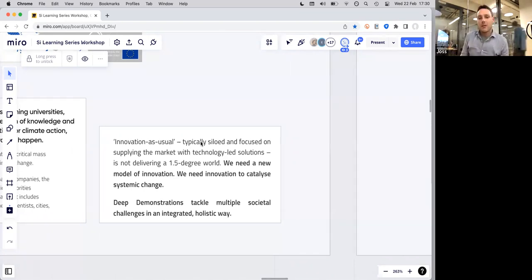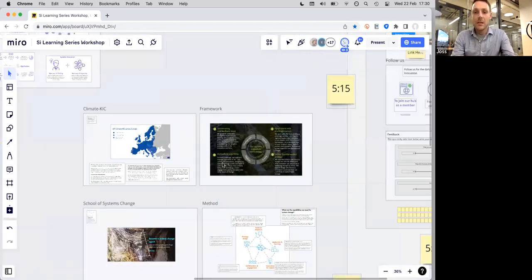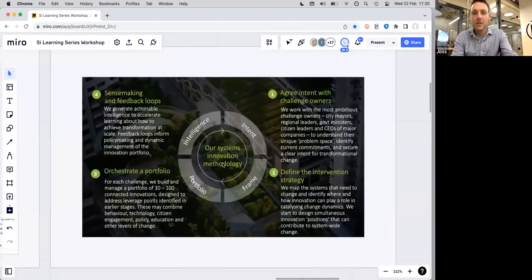So they made a big change to this whole systems innovation approach. We need innovation to catalyze system change, is what they were looking for. And this is their method, their approach.